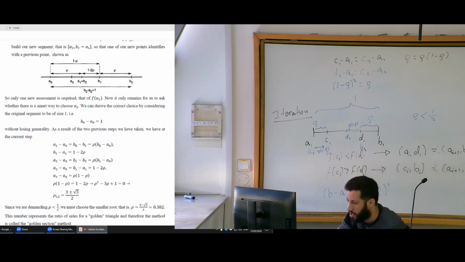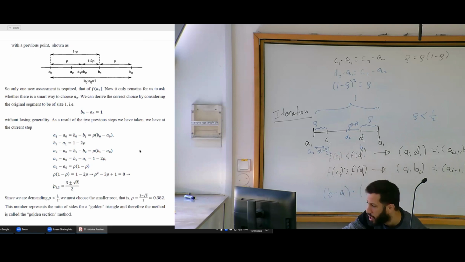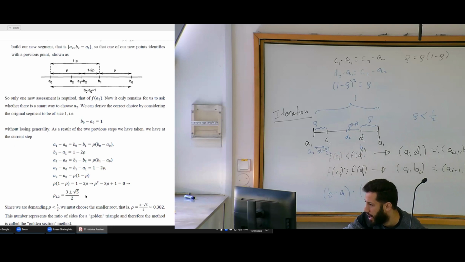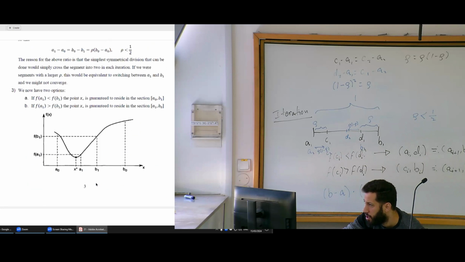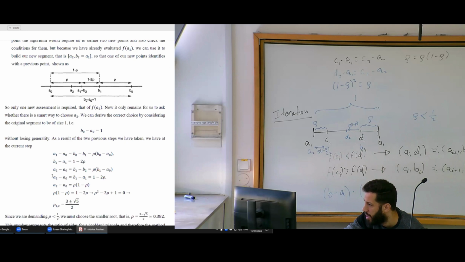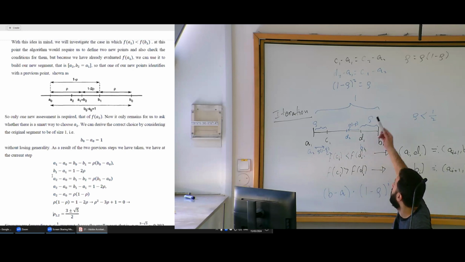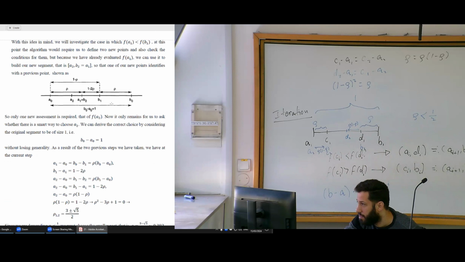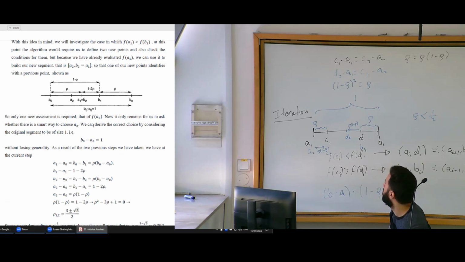I will go to the other side because of that specific choice of rho. And we call it the golden method, or the golden section method, not because of a golden triangle, but because this section will be divided using that golden section.